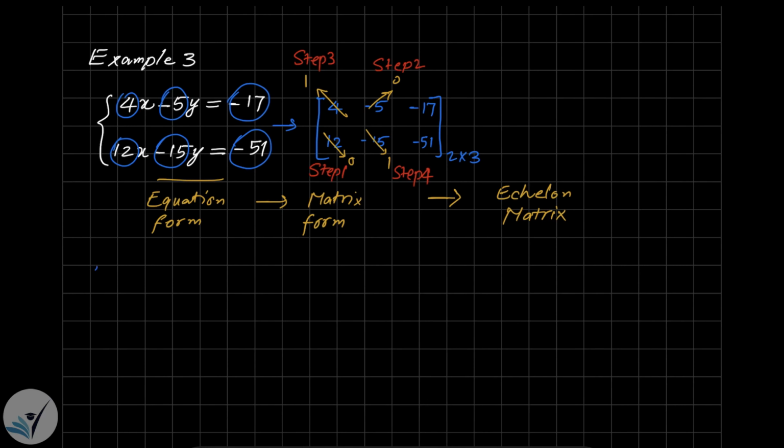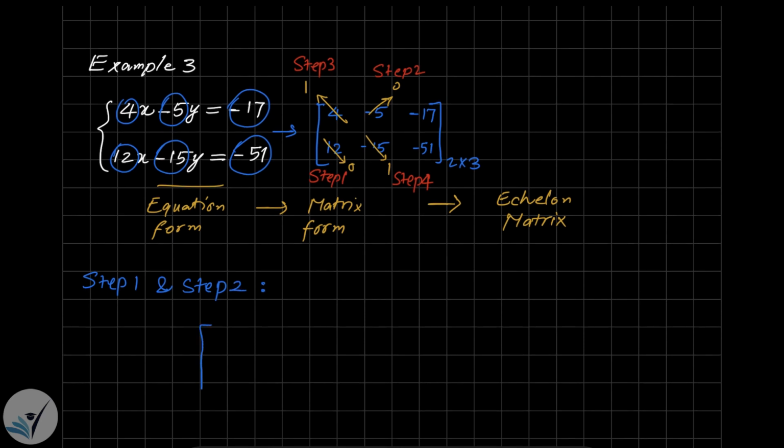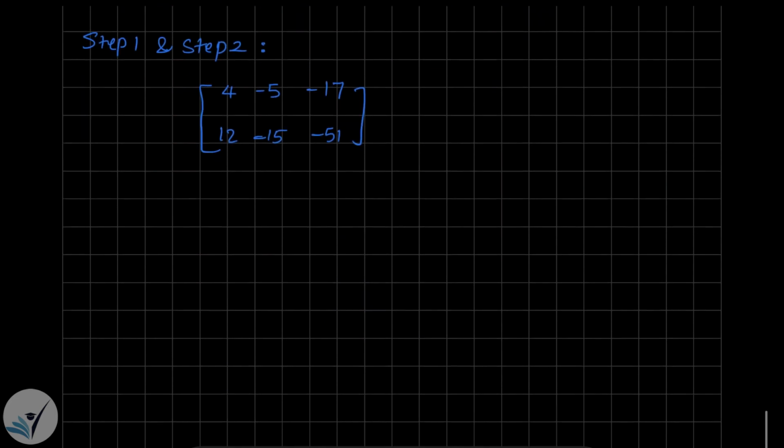Let's begin with step 1 and step 2. We're going to implement these two steps simultaneously. I'm going to copy the matrix here. 4, negative 5, and negative 17 on the first row, 12, negative 15, and negative 51 on the second row. So in the first step, the goal is to transform this 12 to 0.